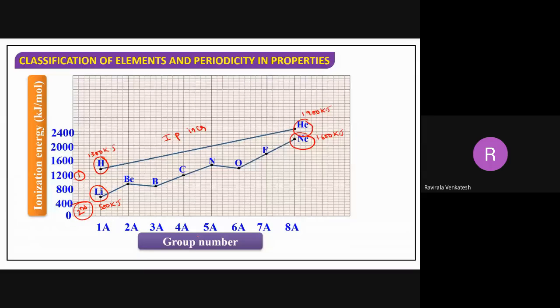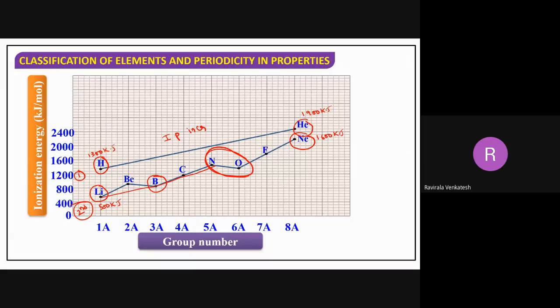But where are we getting contradiction, where are we getting some exception cases? Beryllium, boron, observe here, increasing, increasing. But in the case of boron suddenly it decreased, and in the case of oxygen suddenly it decreased. Already we know this one. What is the reason behind nitrogen to oxygen?